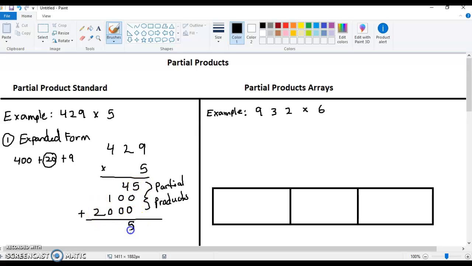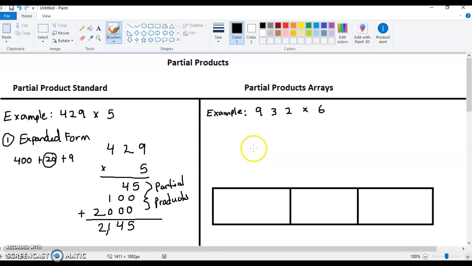So I just have 5, and then 4, and then 1, and then 2. So 429 times 5 is 2,145. Again, the reason we use expanded form is because it helps us identify which place values we're multiplying with.